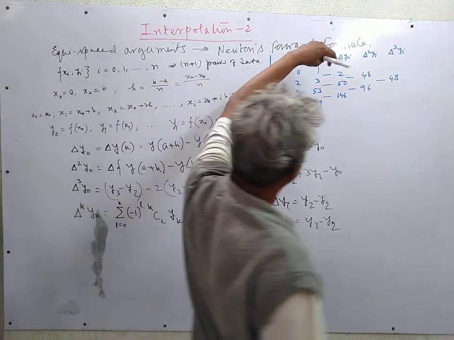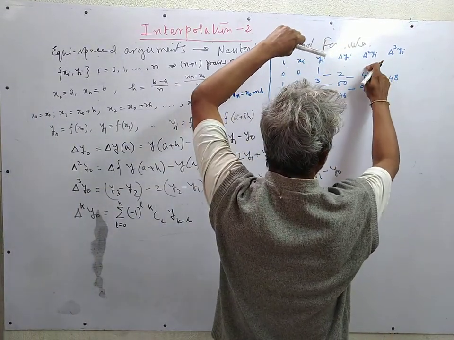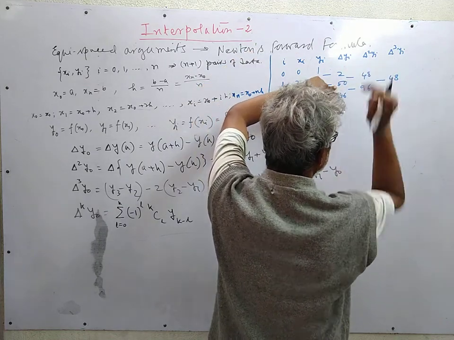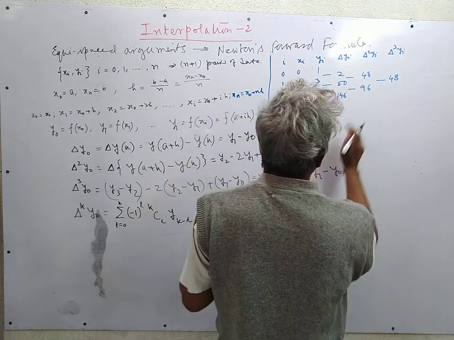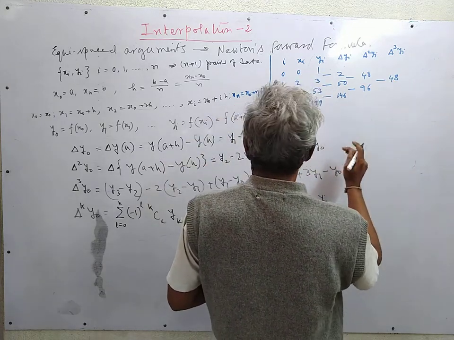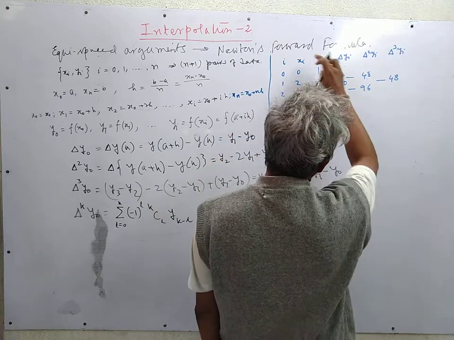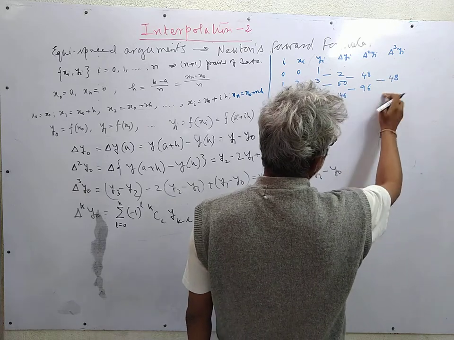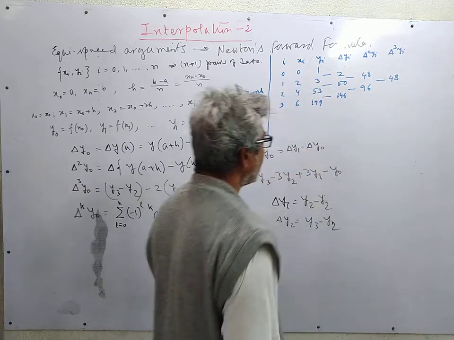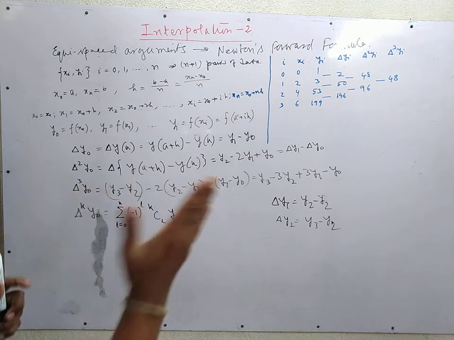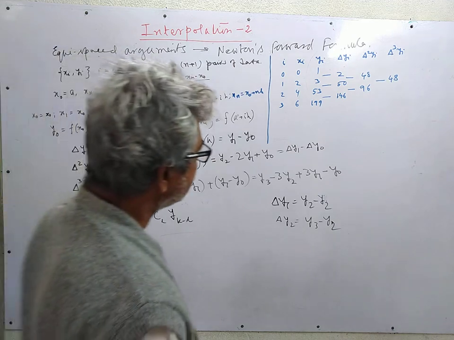Similarly, delta 2 of y1 is this minus this, which is 96. The third difference of y0 is 96 minus 48, which is 48. And we cannot calculate delta 3 of y1 because that requires the information about y4. So this is the forward difference table.